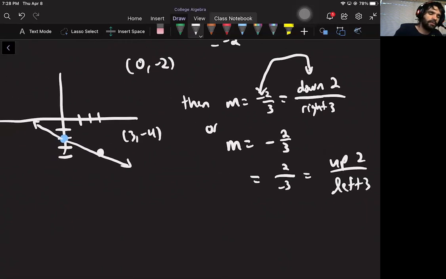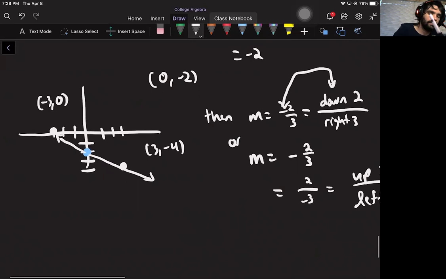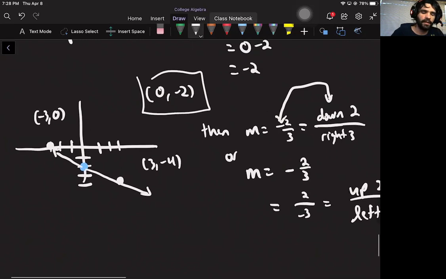So now if I go up 2 and left 3 here, that takes me to what? I went left 3, so now I'm at -3, and I went up 2 from -2 brings me to 0. So it takes me there. I can just count it out, or I can take my original point and manually add these numbers.